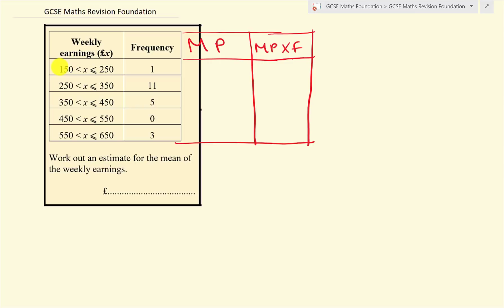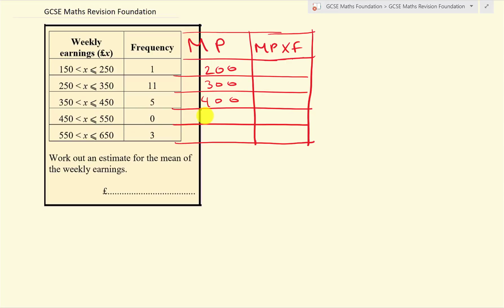So let's find the midpoints. Between 150 and 250 will be 200. 250 and 350, midpoint is 300. And this one will be 400. 500 and 600.